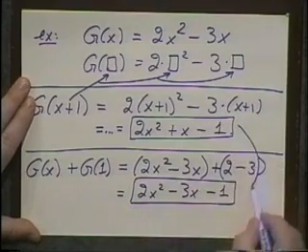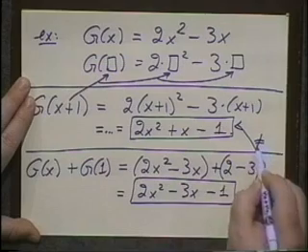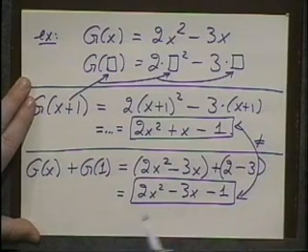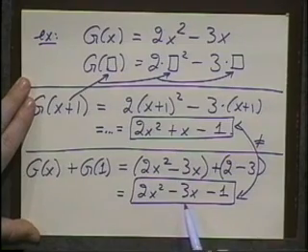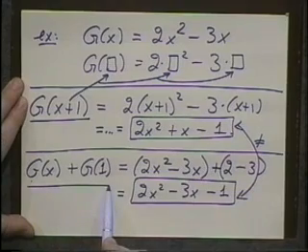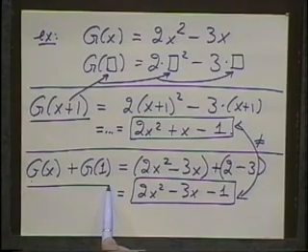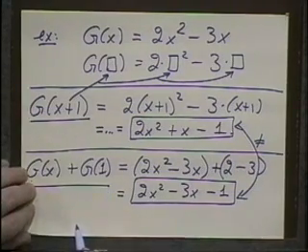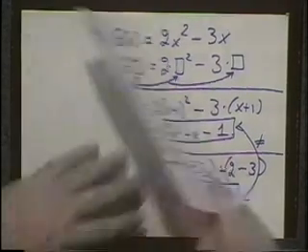Please note that these two are not equal. What's different? The x and the minus 3x are what's different. But they're not equal, which means that G of x plus 1 and G of x plus G of 1 are not the same. Now, that should lead you to a general conclusion. Let's write it down.